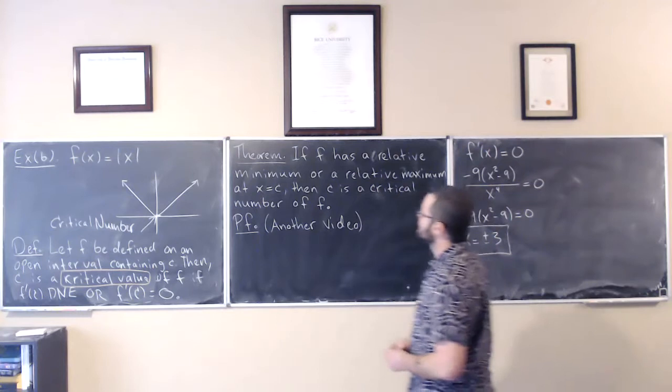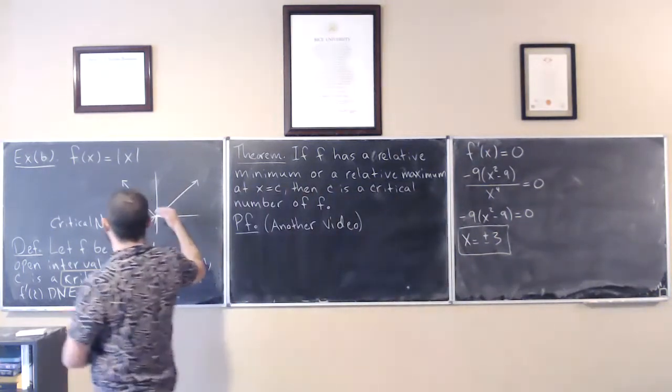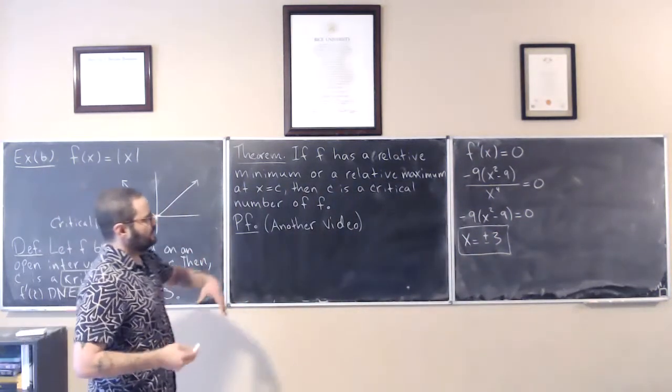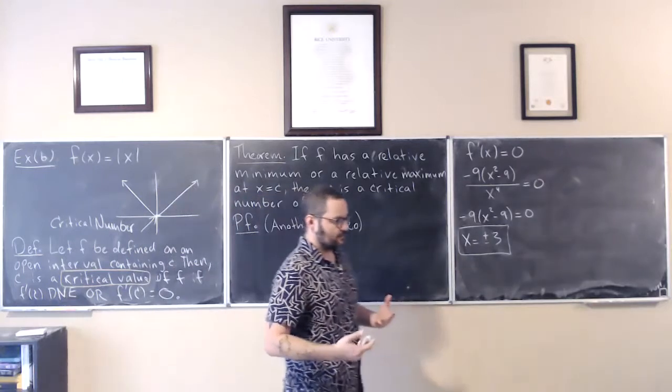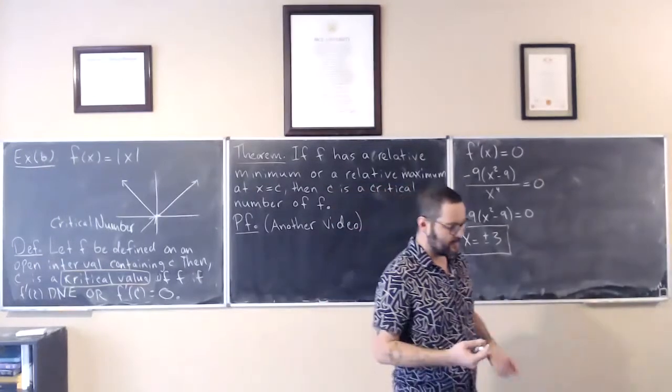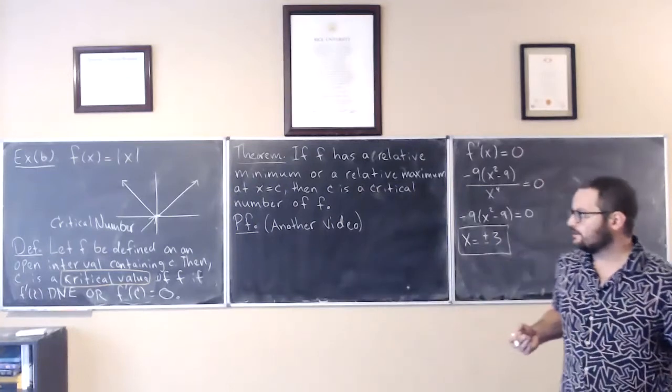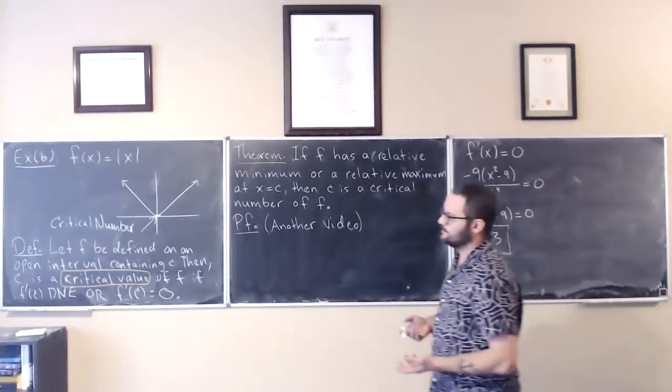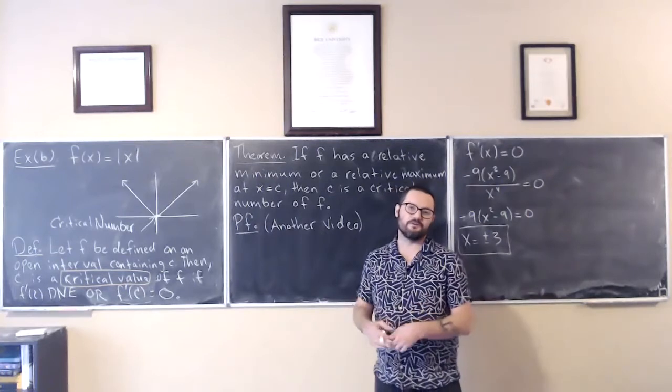So now that we know that relative min and relative max are critical values, we have, in a sense, a method for finding maximum and minimum values of a function over some closed interval.